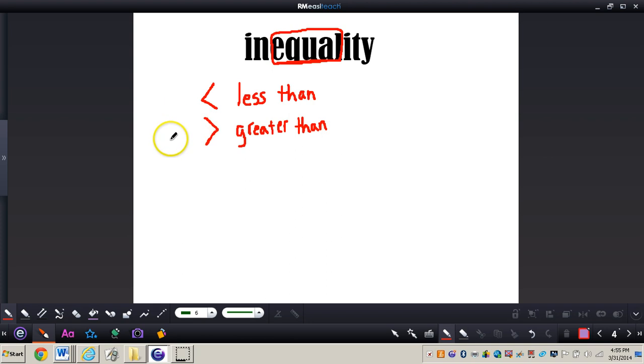One thing that we may not know is that this symbol, the less than with a line underneath it, means less than or equal to. And also this symbol right here, you guessed it, greater than or equal to.